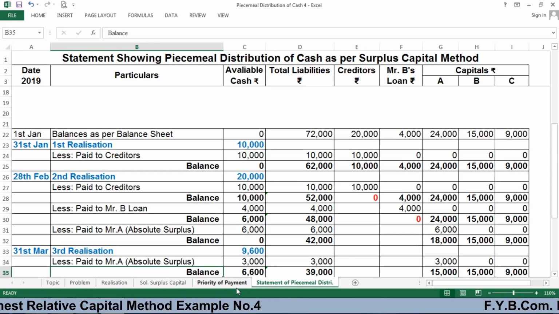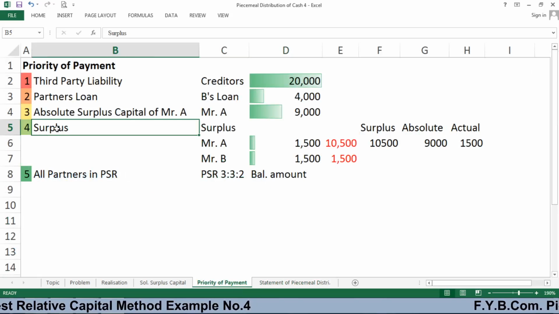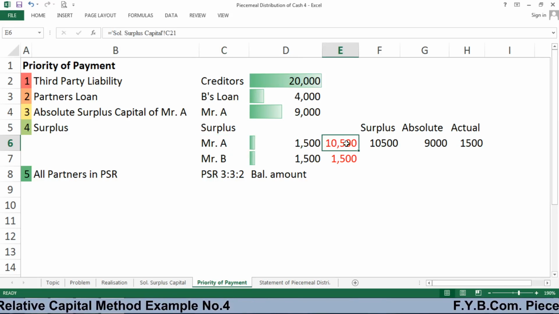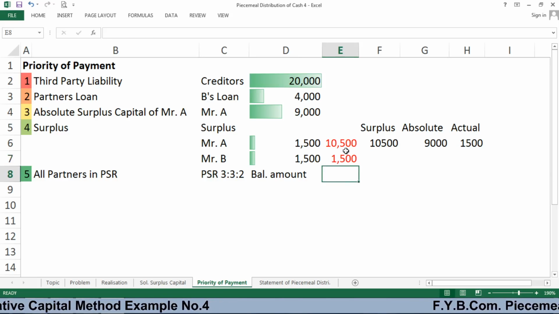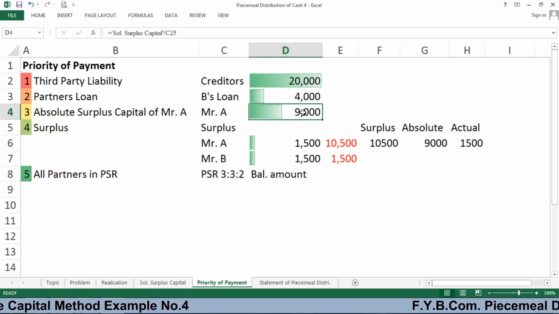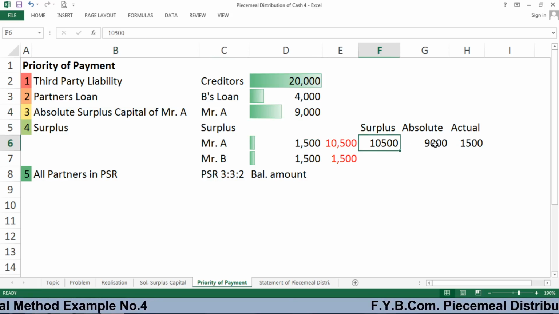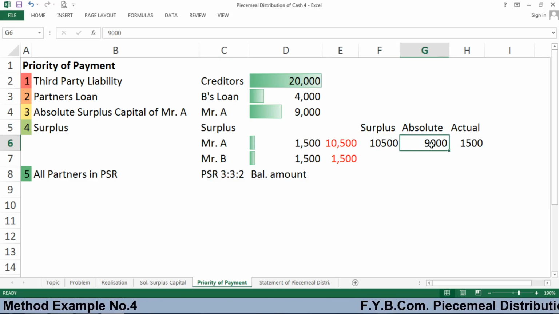The next priority of payment is surplus capital. Surplus capital of Mr. A is 10,500 and Mr. B is 1,500. But we have already paid 9,000 to Mr. A in the earlier step, that is in the absolute surplus capital stage. So out of 10,500 we are not going to pay again 9,000 to him.